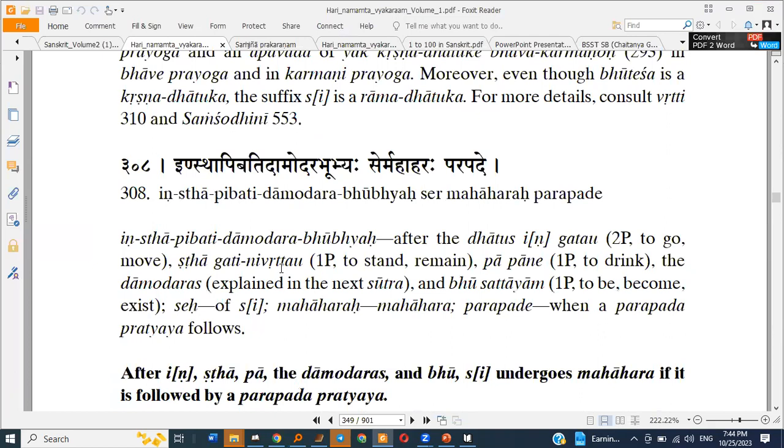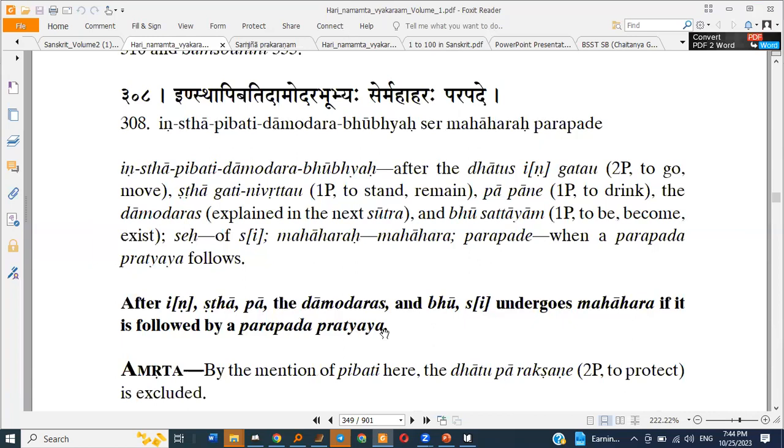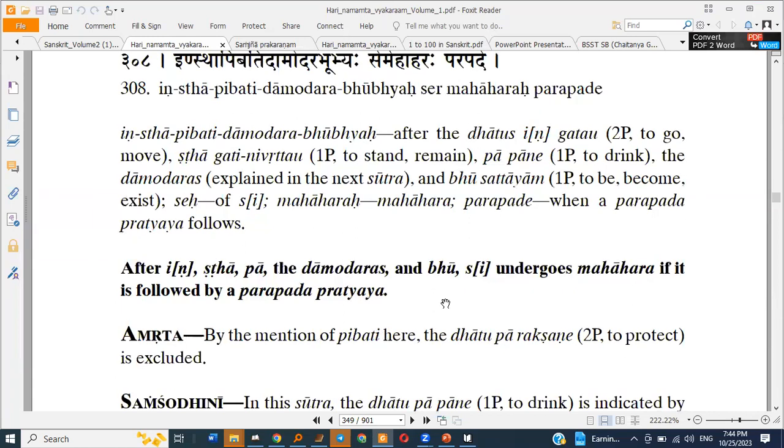Sthapivati Damodara Bhupyah Ser Mahaharaha Parapade. After in, Shtha, Pa, the Damodaras, and Bhu, C undergoes Mahahara if it is followed by a Parapada Pratyaya. So after Gatau Dhatu, these are different dhatus, the verbal roots given here.